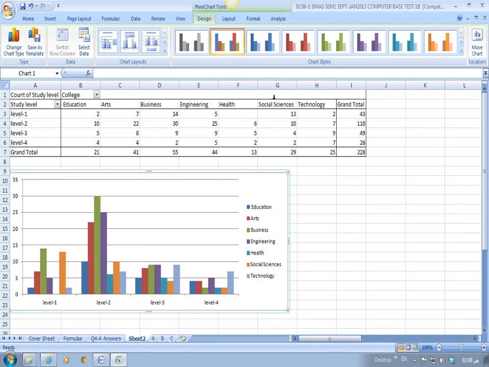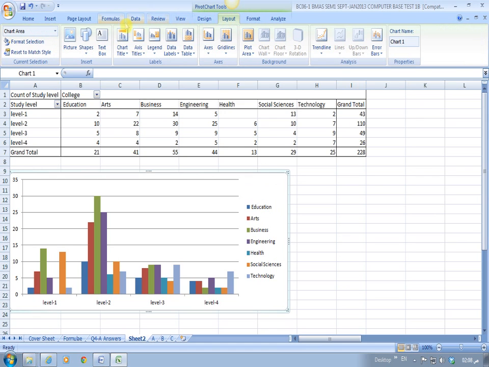To insert the title for the graph, when you click the graph here, this is layout, and in the layout here you see graph title. Then you can write student levels or number of students in levels, and so on like that. You can write a title for the graph.